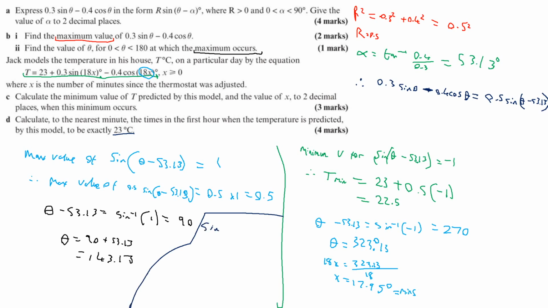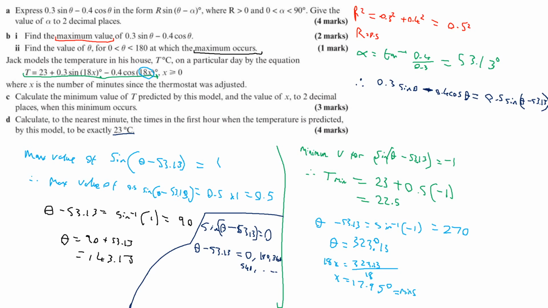Remember, sine (18x minus 53.13) is going to be equal to 0, so when this equals 0, theta minus 53.13 is equal to 0, 180, 360, 540, and so on and so forth.